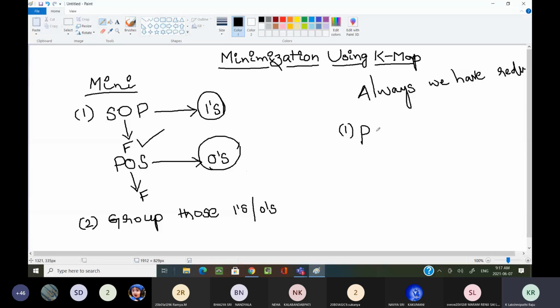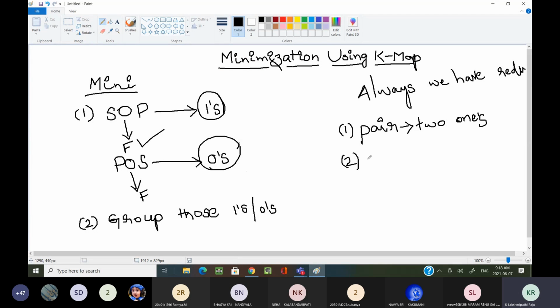If you are grouping two adjacent ones, that will become a pair.